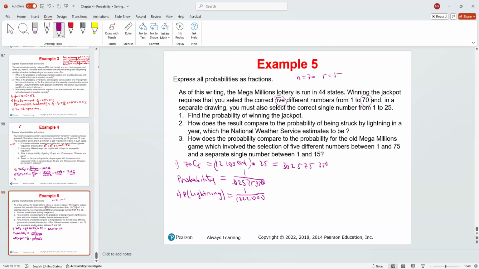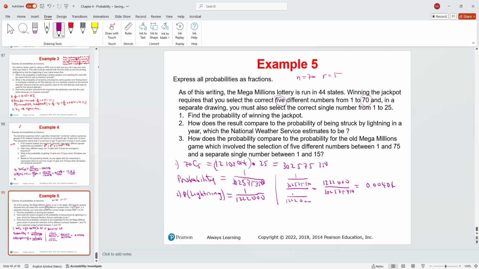But to compare these two, you divide: 1/302,575,350 over 1/1,222,000. Taking the first fraction and multiplying by the reciprocal of the second fraction, it would be 1,222,000 over 302,575,350. That would give you 0.0404.